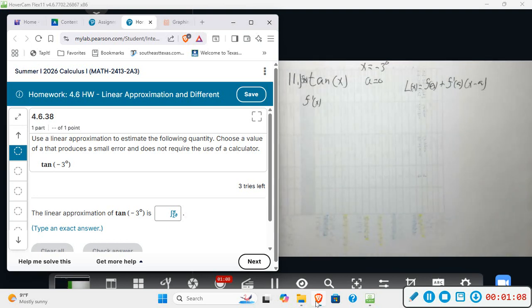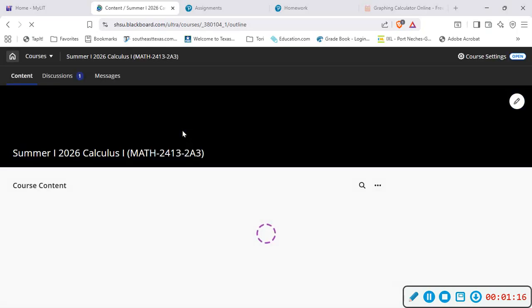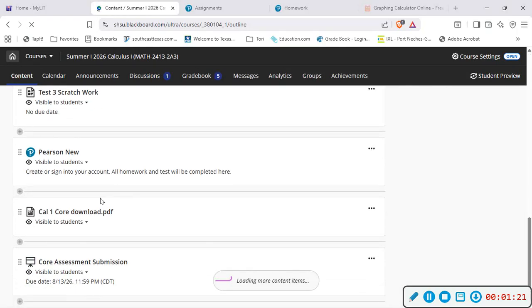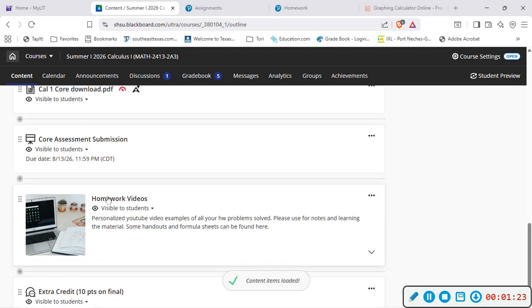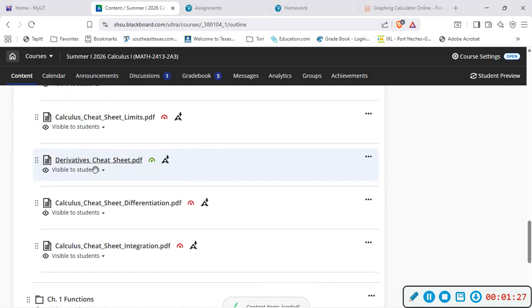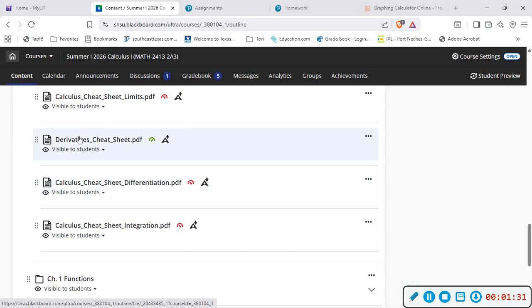I'm going to refer to the trig cheat sheet in our course, going back to the videos, cheat sheet handout. Last time I went to the differential sheet, I'll go to the derivative sheet.